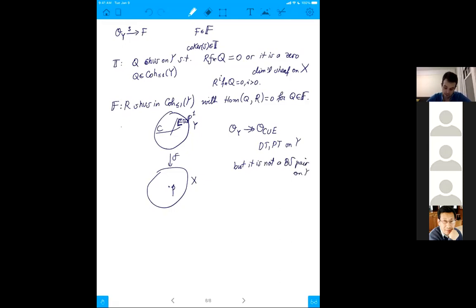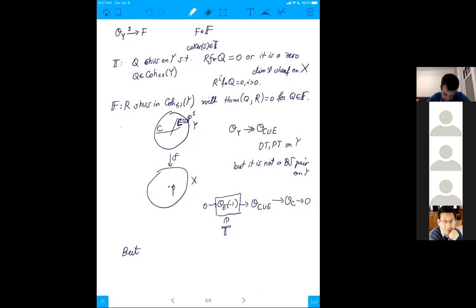The reason being that the structure sheaf of C union E lies in a short exact sequence. And O_E(-1), this sheaf is in the torsion part of the torsion pair, because its push forward to X is 0. But O_C and O_E(-1) have an extension the other way.